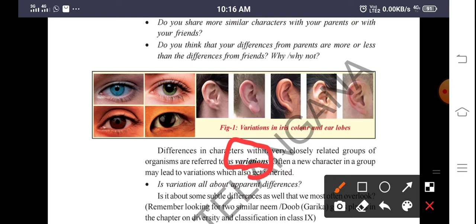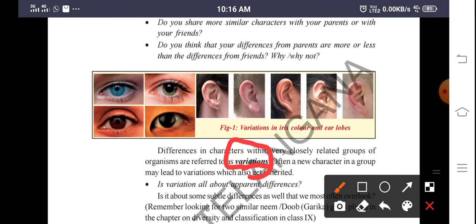Variations means differences in characteristics like that. Above in the picture there are blue colored eyes, green colored iris, blue colored iris, green colored iris, black colored iris, and pure black colored iris. Here also, if you take the external ear, there will be variation, there will be changes. So differences in characters within very closely related groups of organisms are referred to as variations.